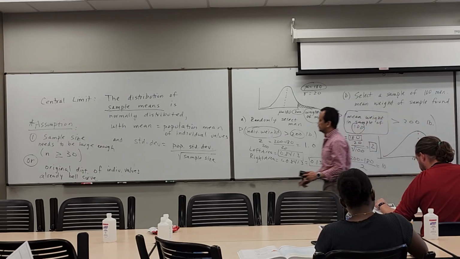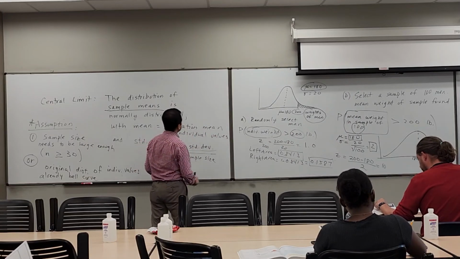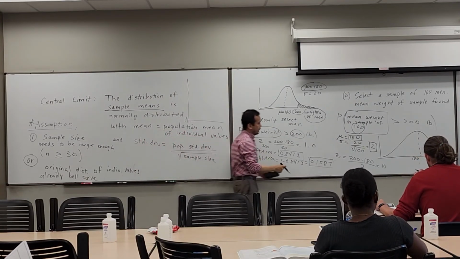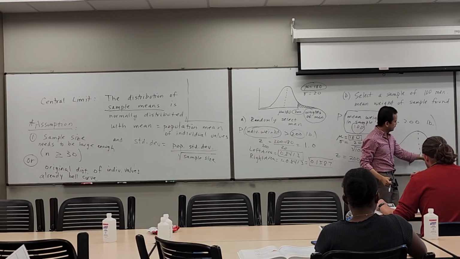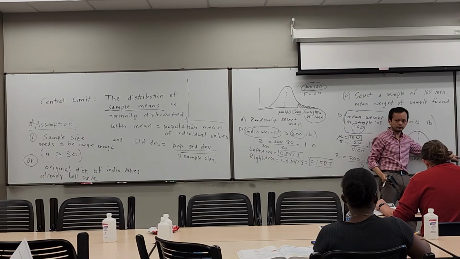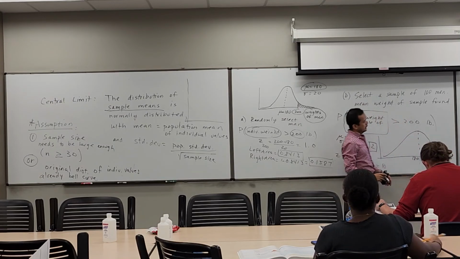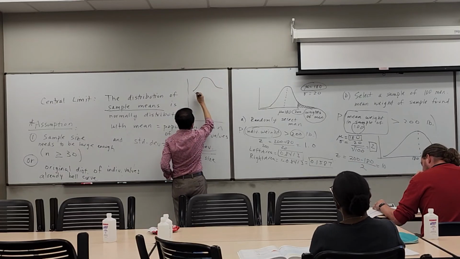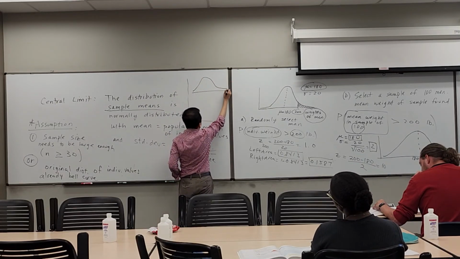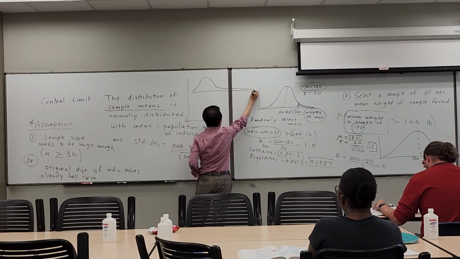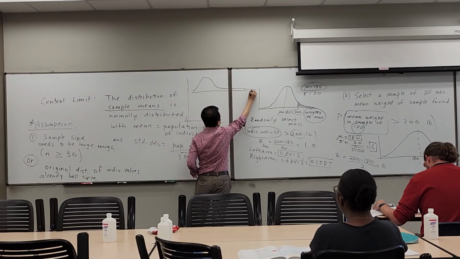So we're basically finding the area to the right of a data point that's very far right on the bell curve. That means the area to the right will be very small because it's so far right. Let me continue it out here. It's so far right that it's all the way over here.